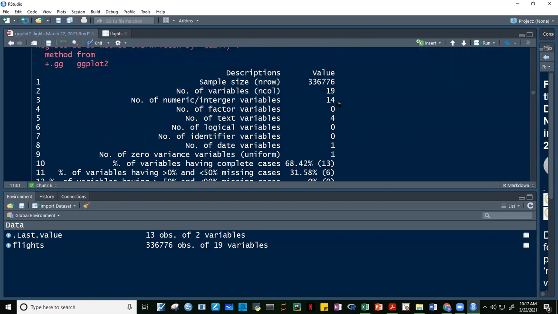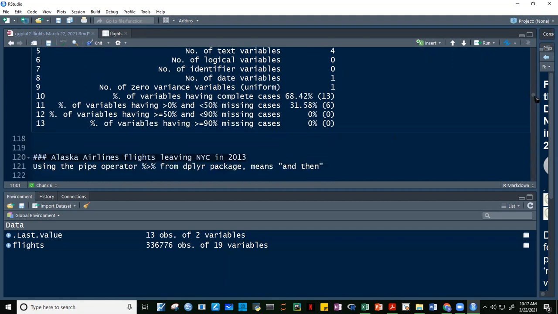So just the number, no? Ilan yung numeric, ilan lahat yung variables, ilan yung numeric doon, ilan yung character, ilan yung date. Okay, and some percentage of variables having complete cases. So 13 variables complete yung cases nila. Tapos percentage of variables having between 0 and 50% missing cases.